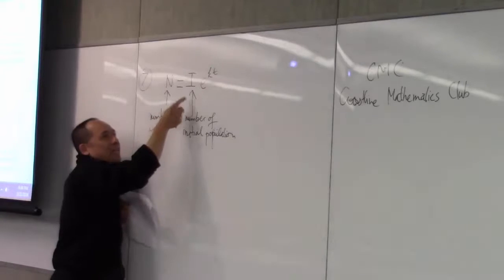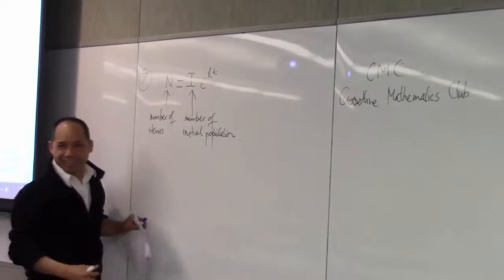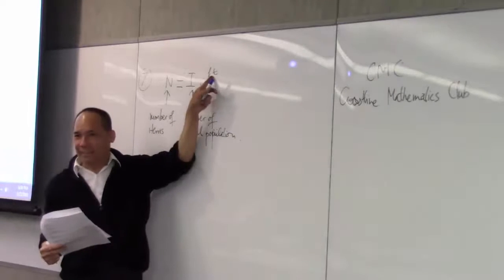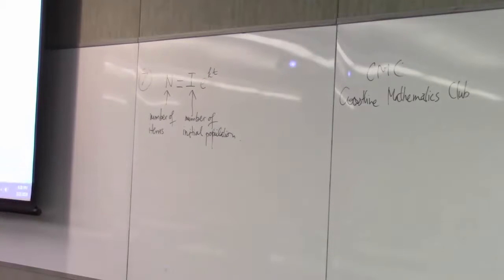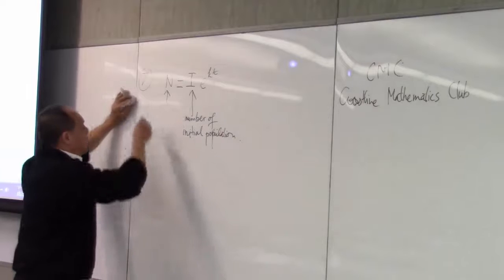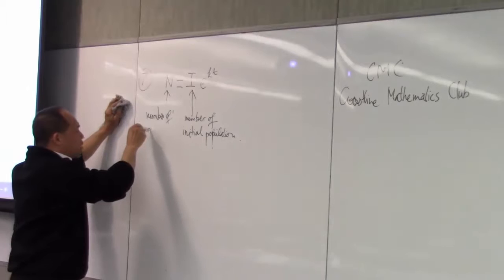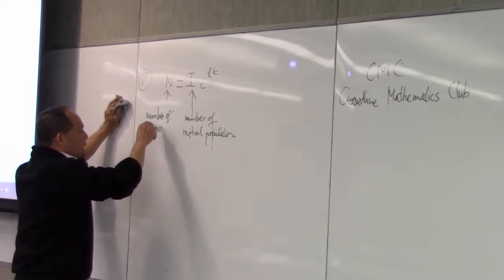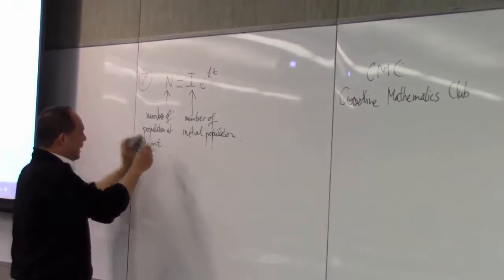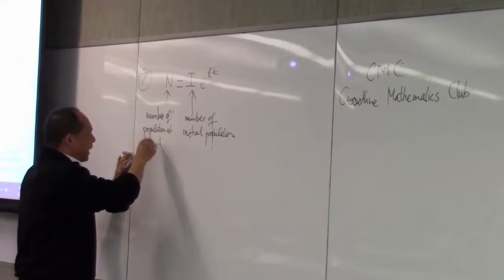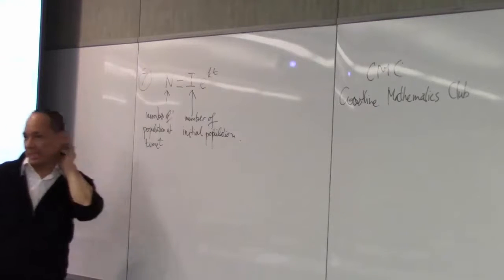Now it means that at the beginning you have the population I, and after t years it increases by this formula. So you can say the number of population at time t. You understand? The difference here is at the beginning, and that is at time t.